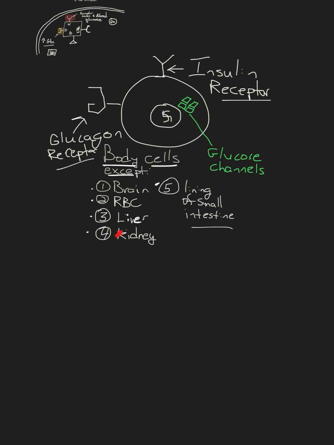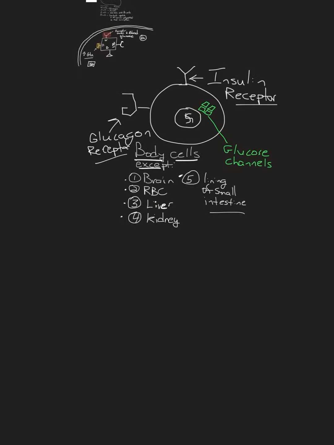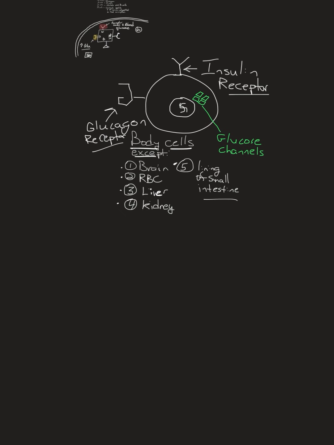And your kidney is doing a lot of functioning, processing all your blood and filtering all your blood. So again, it makes sense that this insulin glucagon regulation is not happening in these body cells. But in every other one of your body cells, you have insulin receptors. Glucagon receptors are mostly found in the liver.